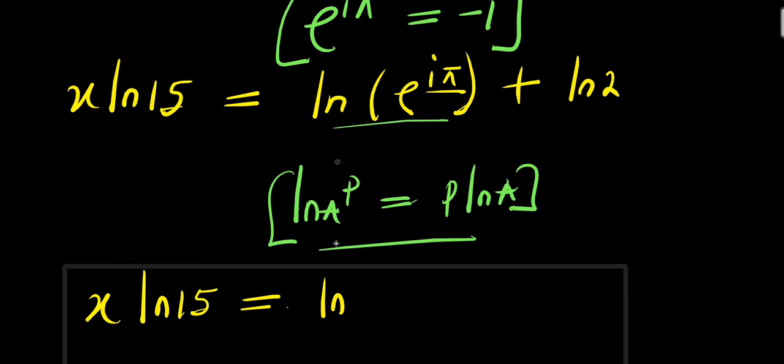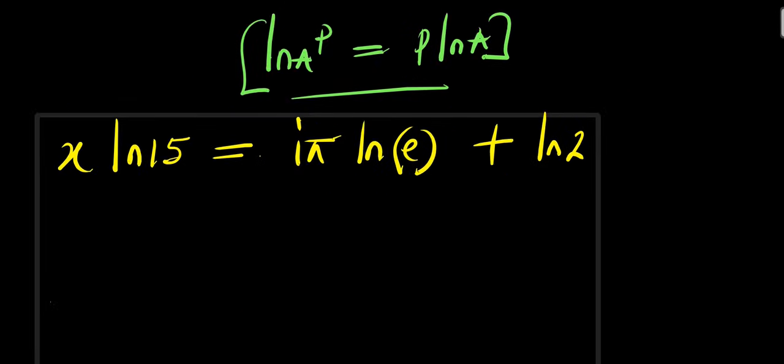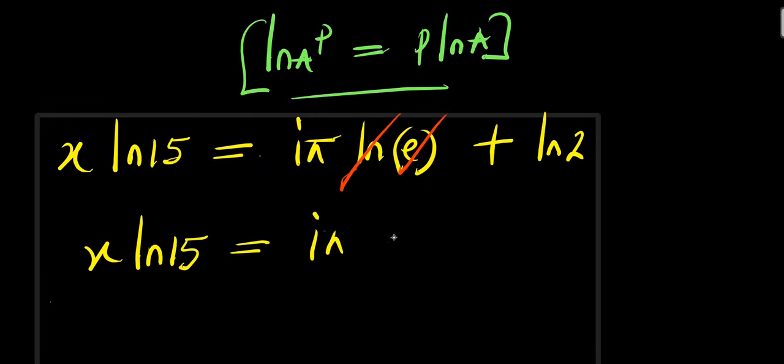This i pi will come behind this, so we simply have i times pi times natural log of e, and from here you have plus natural log 2. So right now, this eliminates this. We have x times natural log 15 equals i times pi plus natural log 2.